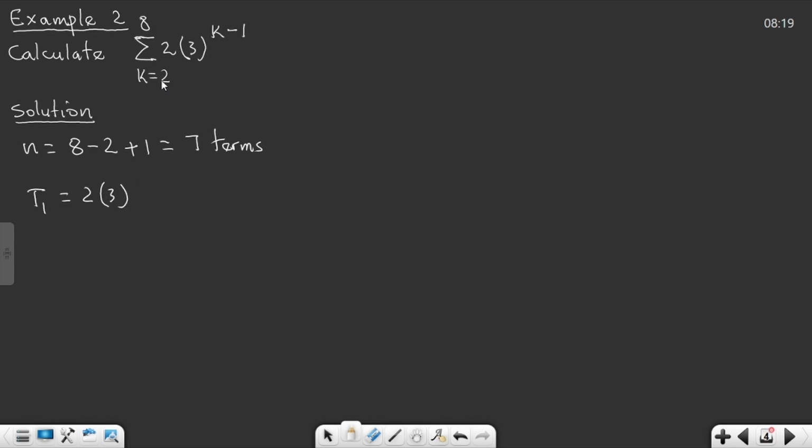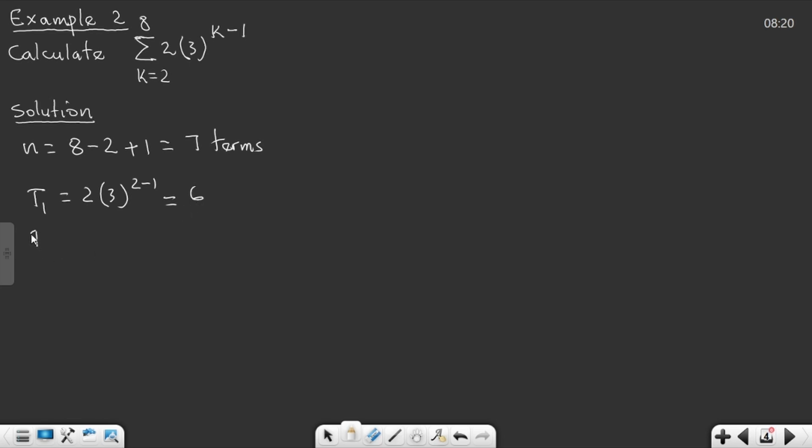In the place of k, you replace 2. So I'm starting from 2 to get my first term. So I'll go from 2, 3, 4, 5, 6 until 8, the value at the top, to get my last term. So this will give you 3 to the power of 1, which is 3 times 2, which is 6.